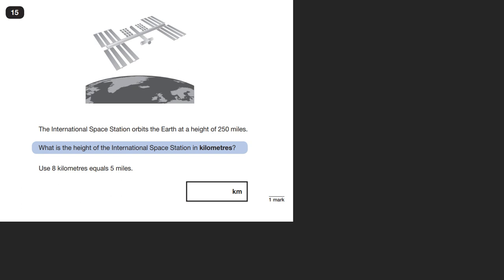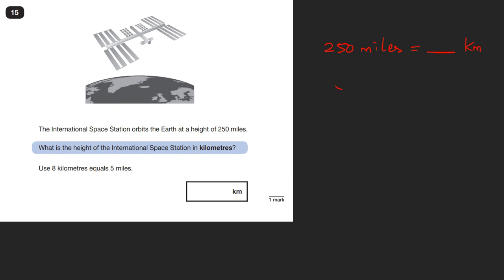Question number 15. The International Space Station orbits the Earth at a height of 250 miles. What is the height of the International Space Station in kilometers? So 250 miles, this is in miles, equal to how many kilometers, right?